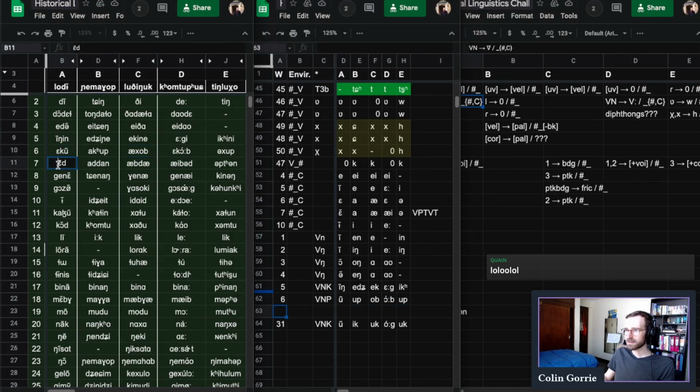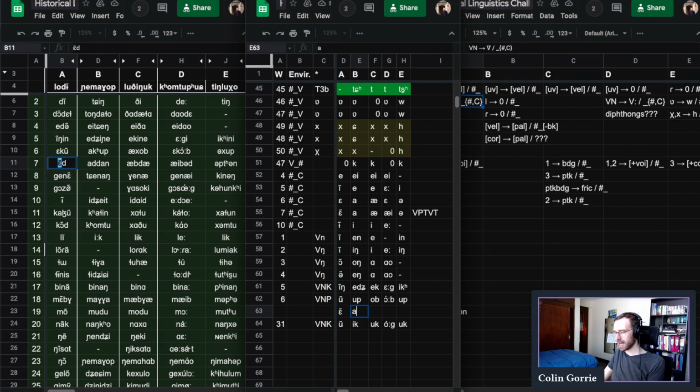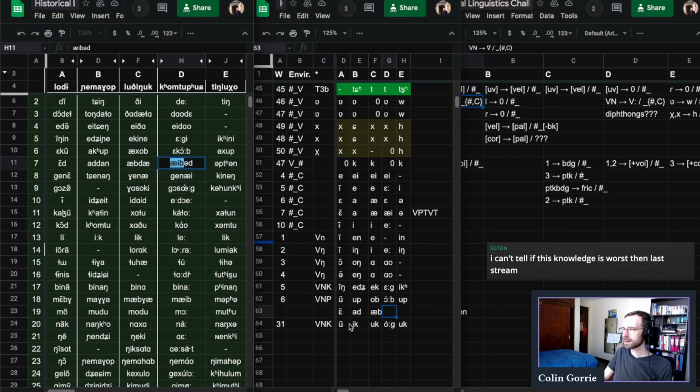Let's forge ahead. Okay, so then we have nasal vowel in 7, ad in B, ab in C, ib in D, and up in E. So I think we have the same kind of thing going on here in 7 as we have in 5, 6, and 31.